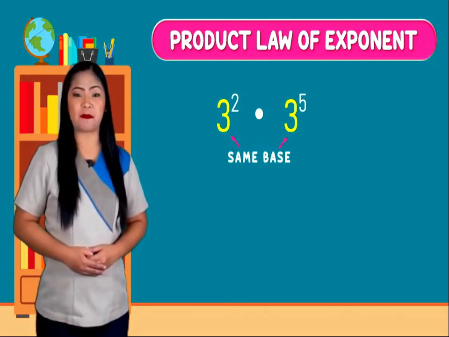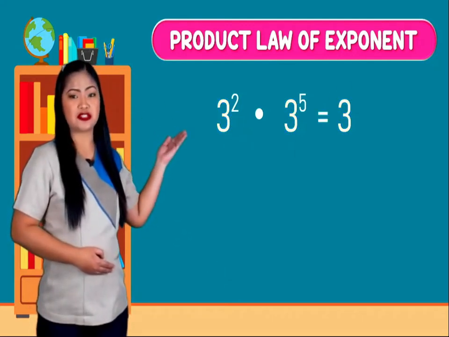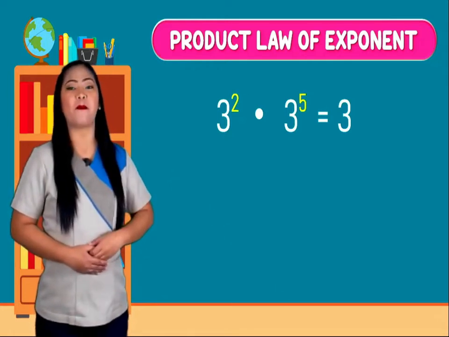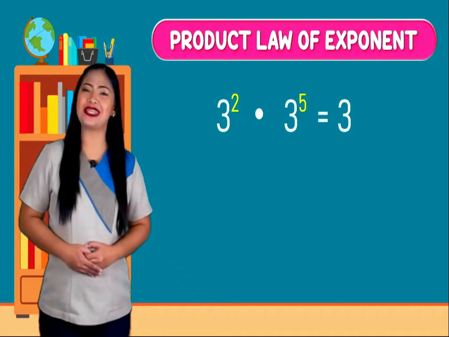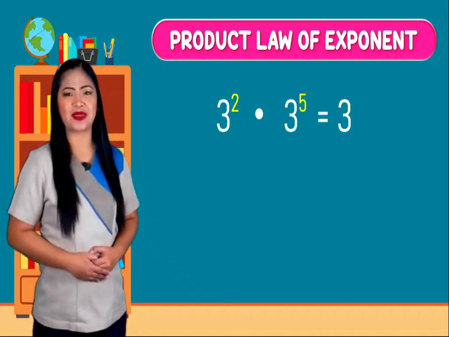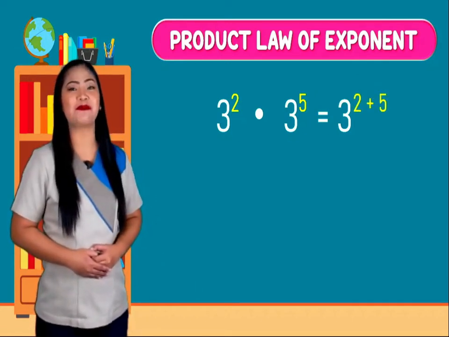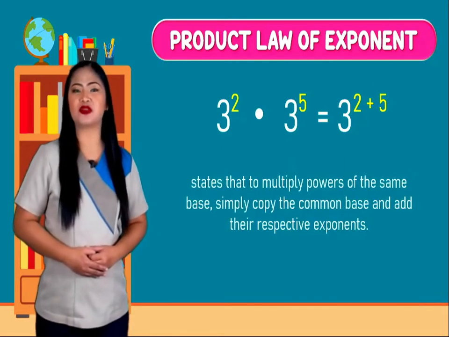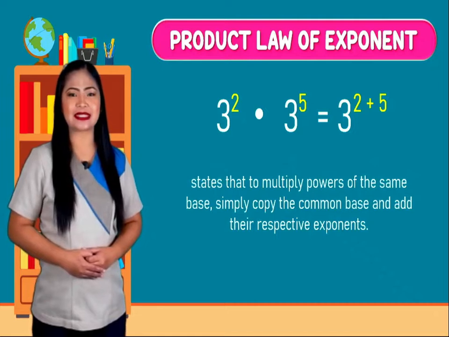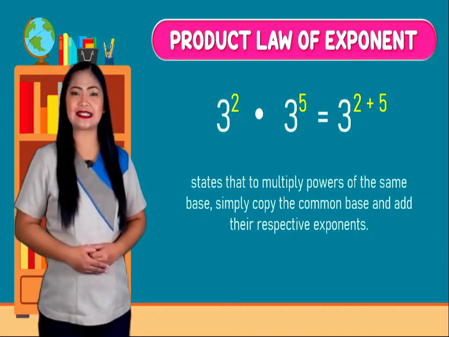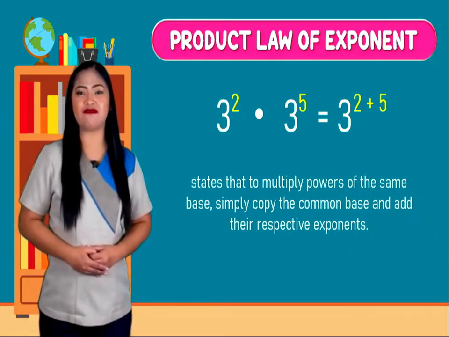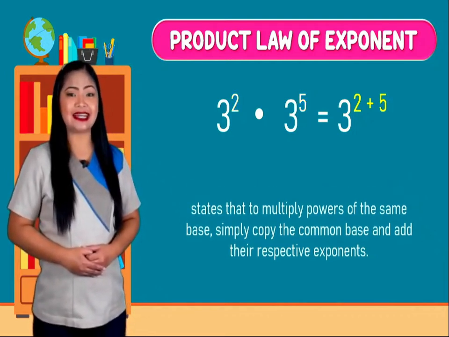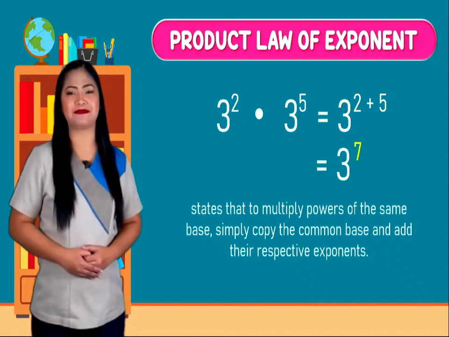Therefore, we just copy the base 3, and with regards to their exponents, 2 and 5, according to product law of exponents, we need to get their sum. So that will be 2 plus 5. The product law of exponents states that to multiply powers of same base, simply copy their common base and add their respective exponents. So, that gives us 3 raised to the 7th power.